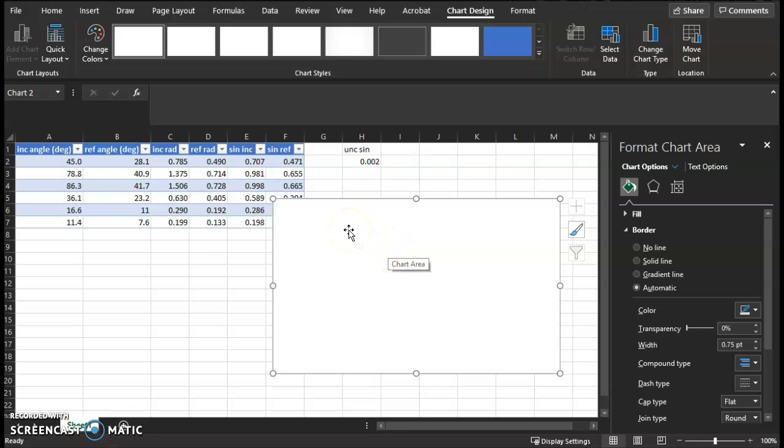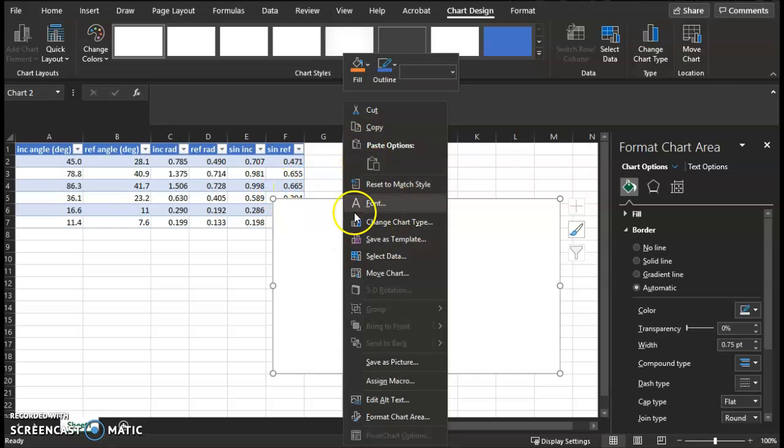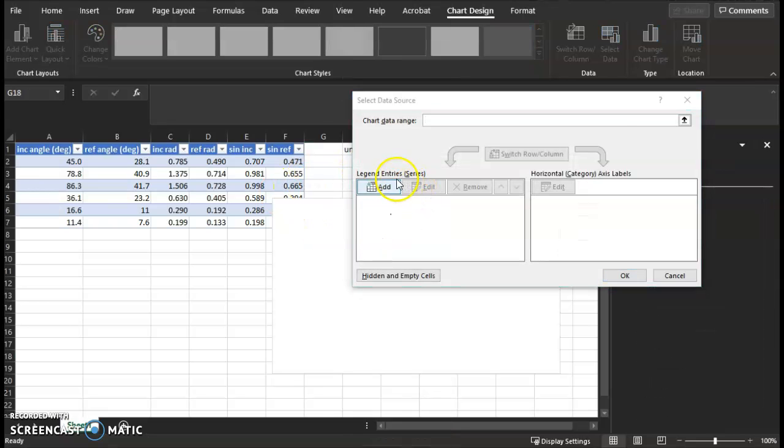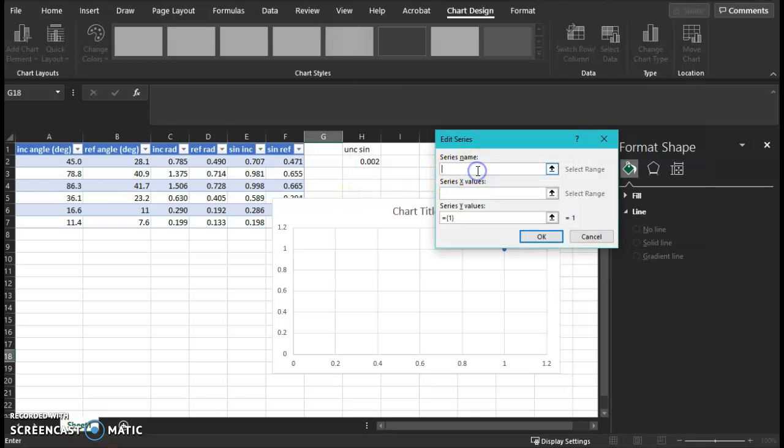If your values get plugged in, if it comes automatically up with some random graph, that's okay. You'll just right click the graph, select data, and you can delete or edit the series. In this case, I'm going to have to add a series. And the series name, this will be sine of the incident angles versus sine of the refracted angles.